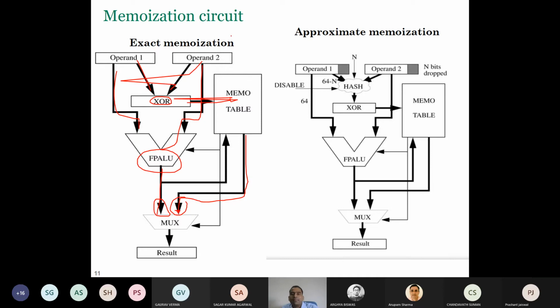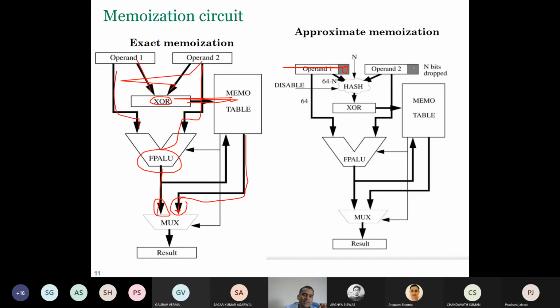Okay, so this was exact memoization. In approximate memoization, as I said, we are doing precision scaling. Suppose we drop lower bits. That means all the fractional bits we will drop, so that our number is just a pure integer. We are not even discussing any fixed point number, we are just dealing with integers now.